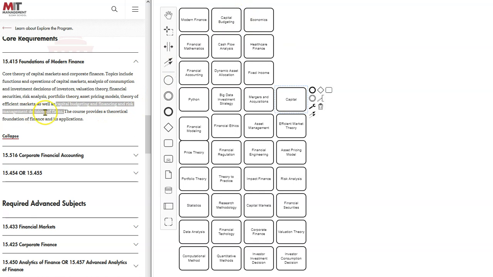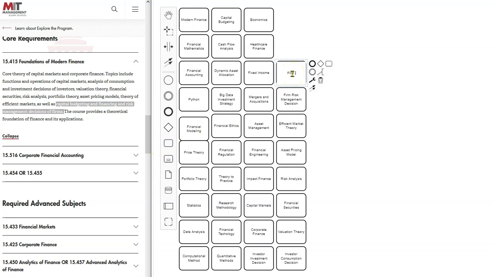Financing and risk management decisions. So we have some decisions down here. But they say of firms. Financing and risk management decisions. So risk, so firm, risk management decision.